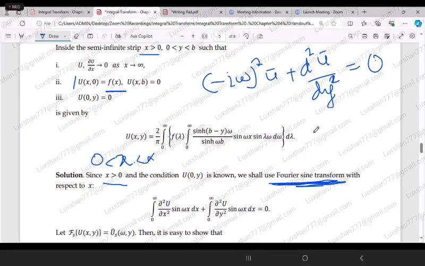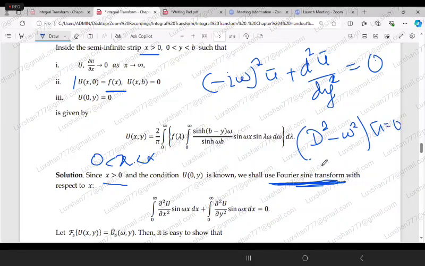So we get the auxiliary equation becomes d squared minus omega squared, because this i squared is minus 1, so this becomes minus omega squared u bar.